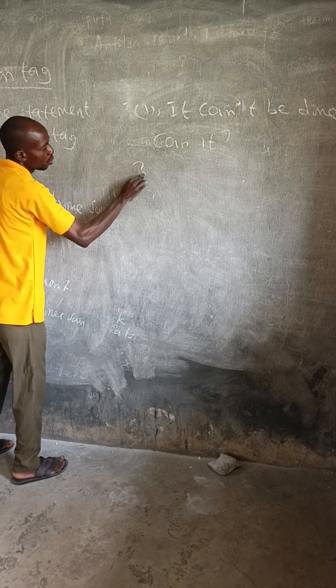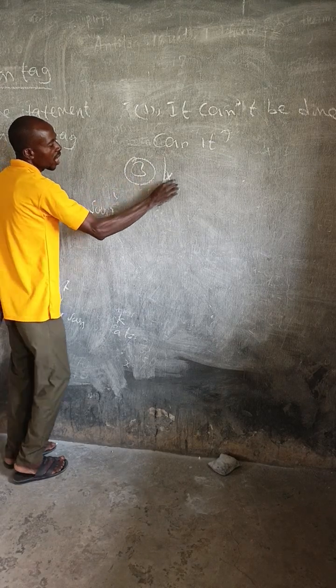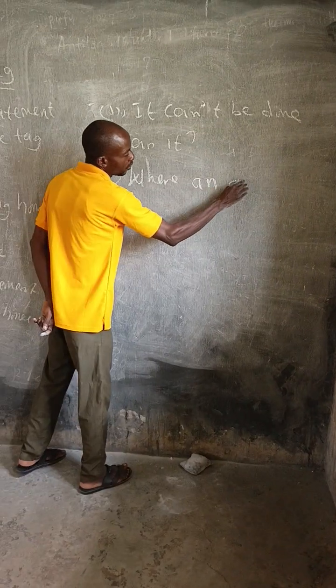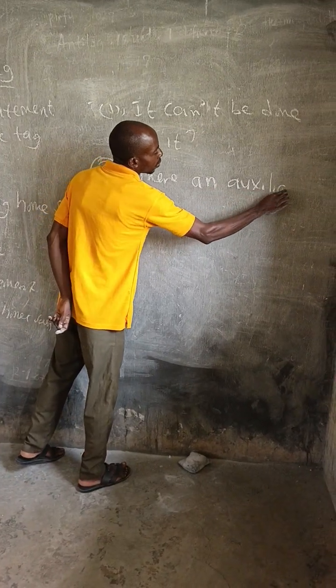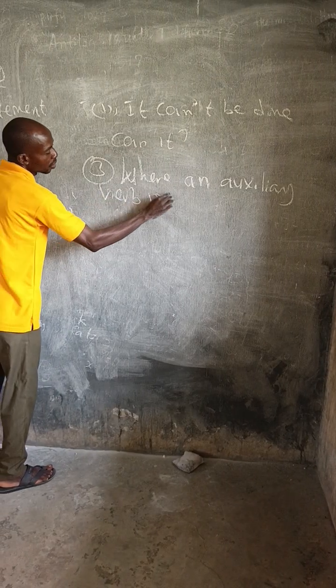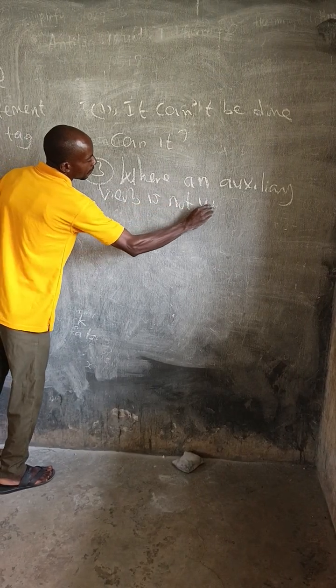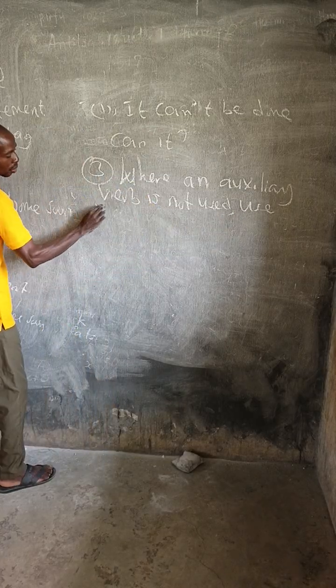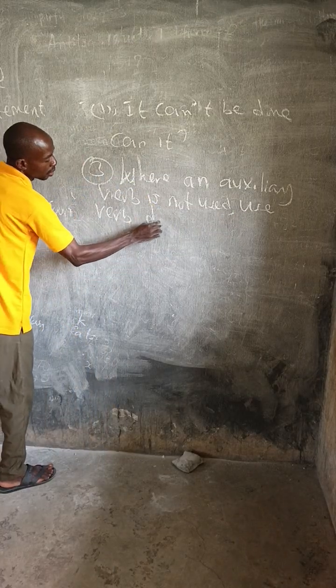So the third principle is what we call where an auxiliary verb is not used. Use verb "do."